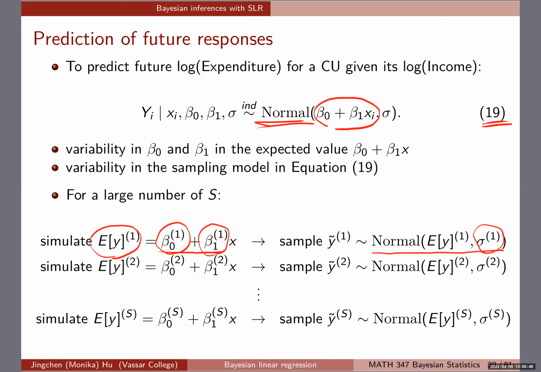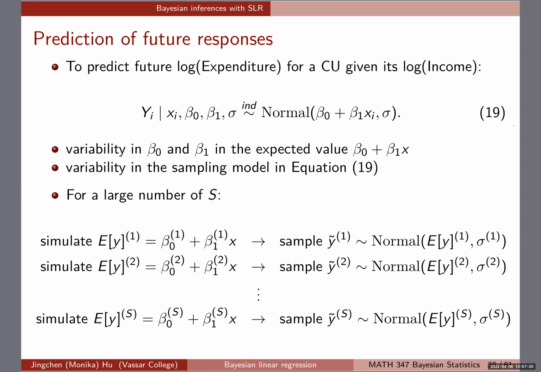And now when you're doing prediction, you have one extra layer of variability, because equation 19 requires you to sample a normal outcome with the mean beta 0 plus beta 1 times xi, and also the sigma that is estimated from the model. So there are 2 sources of variability, and in terms of coding, you get beta 0 and beta 1 here, and then don't forget you have your sigma, which should come from the same iteration of your draw. So this is the procedure.